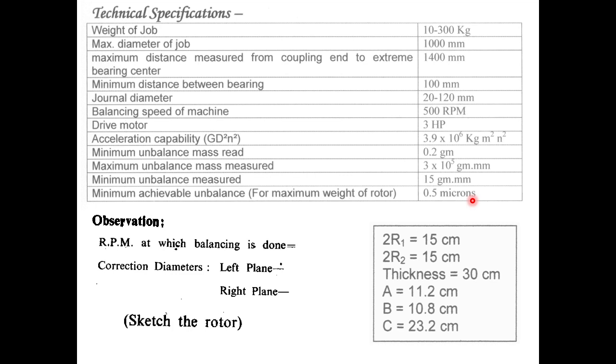That means this refers to the eccentricity, corresponding to this speed, and might be the maximum weight. So this is in micrometers, where a micron is 0.001 millimeter or 10 to the power minus 6 meter. So this is the eccentricity it is referring to.